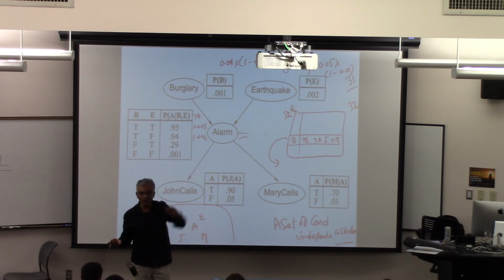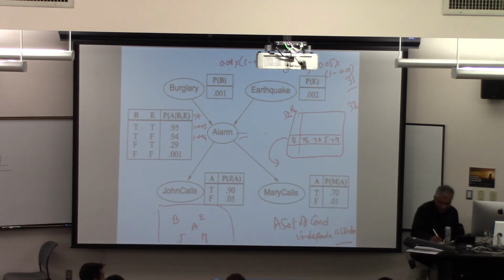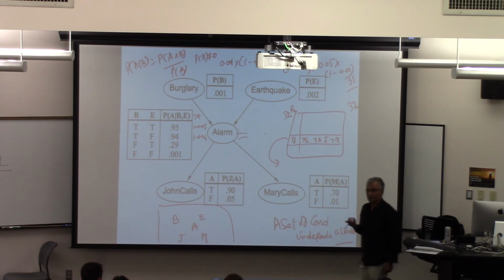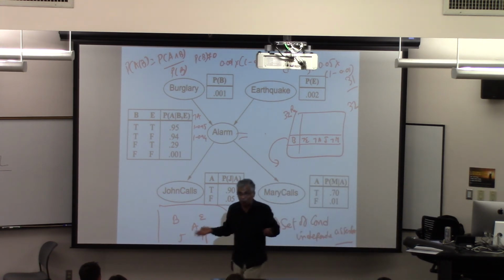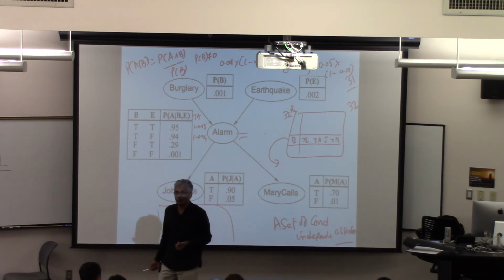The other thing would be A given B. But we know that probability of A given B is nothing but probability of A and B by probability of B when B is not equal to 0. Right? That's the definition of conditional probability. So I can compute P of A given B too.